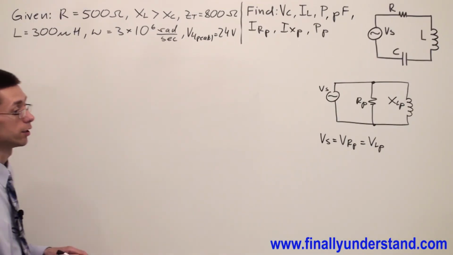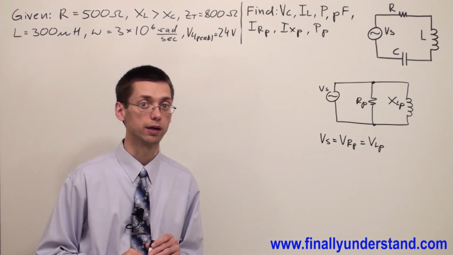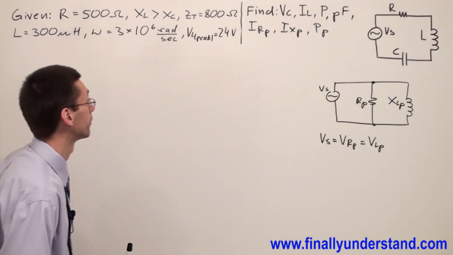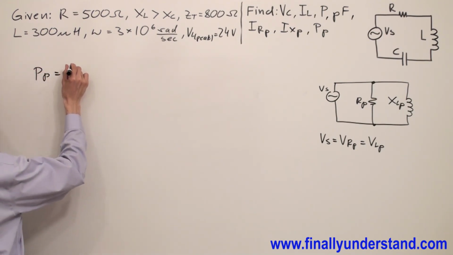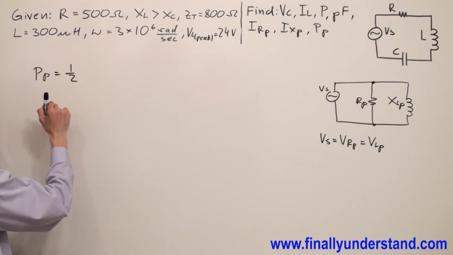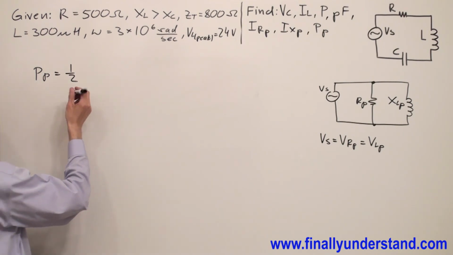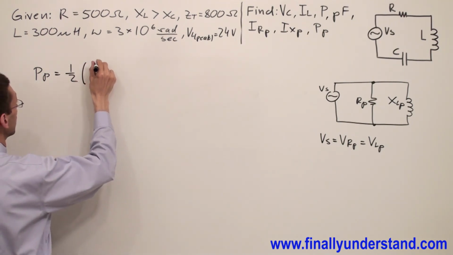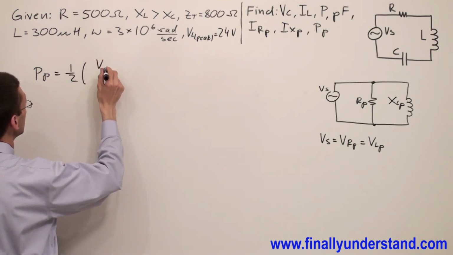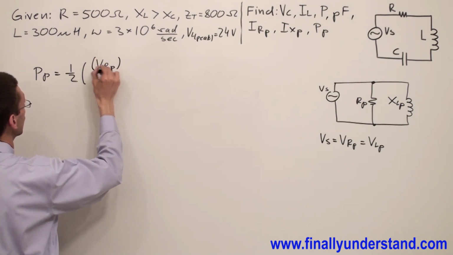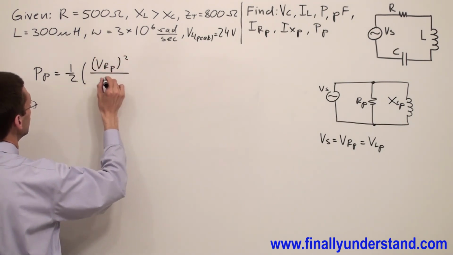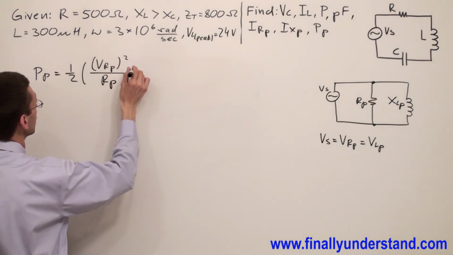Now we are ready to find the true power in the parallel circuit. So I have true power in parallel circuit is equal 1/2, because I'm still dealing with the big values, and I have voltage across resistor in parallel equivalent circuit raised to the second power over R_P.